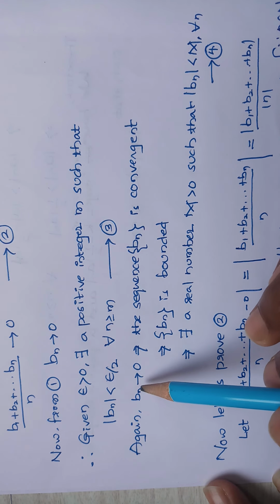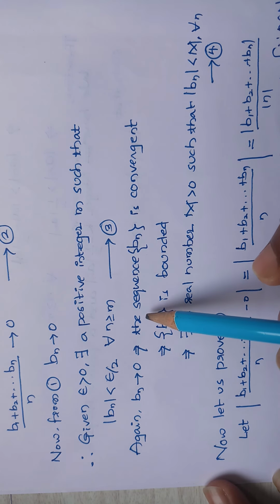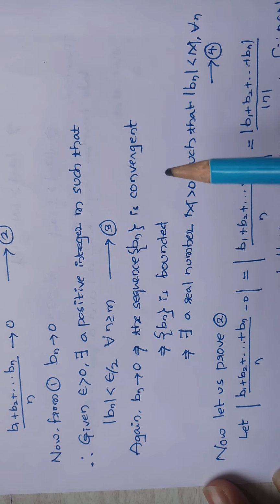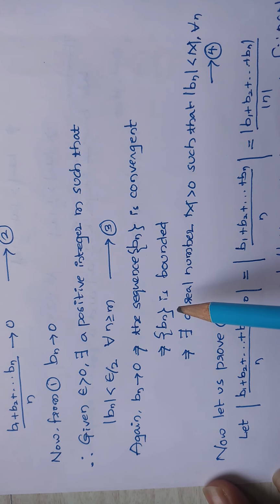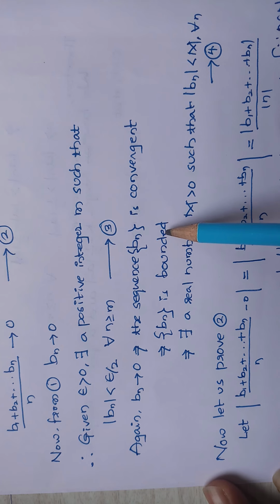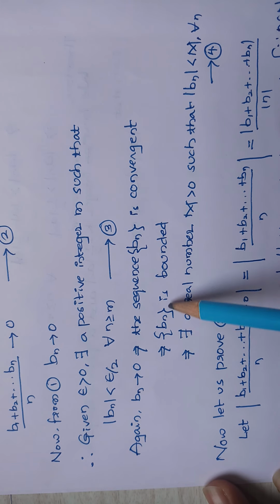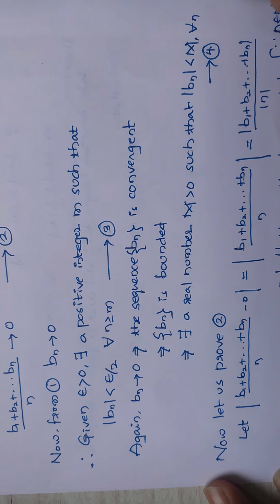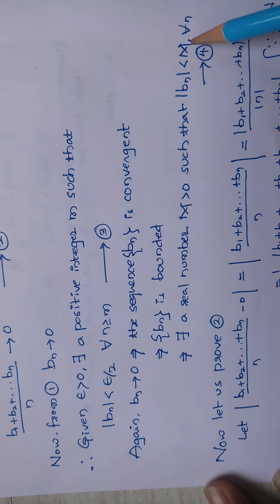So this can be rewritten as the sequence Bn is convergent. So if the sequence is convergent, then it is bounded. So this implies that the sequence Bn is bounded. So if the sequence Bn is bounded, there exists a real number M greater than 0 such that modulus of Bn is less than M for all n. So I am using the definition of a bounded sequence.